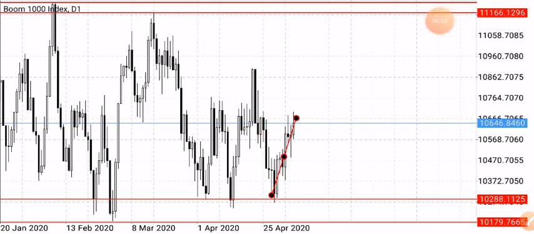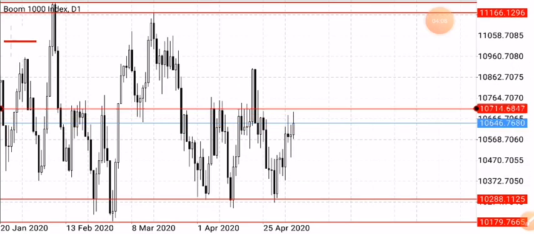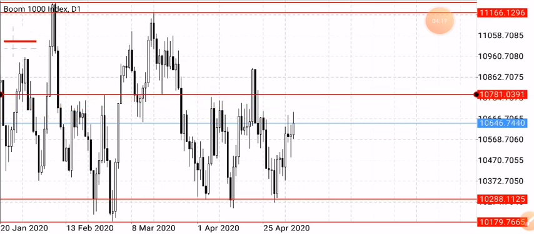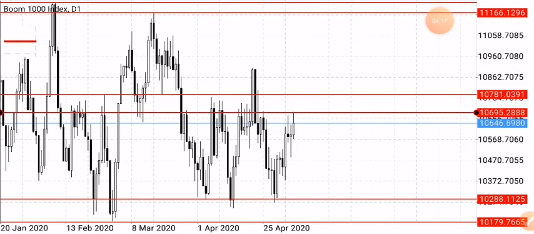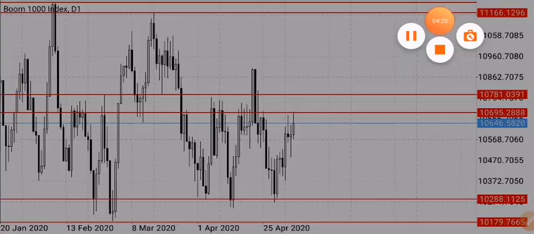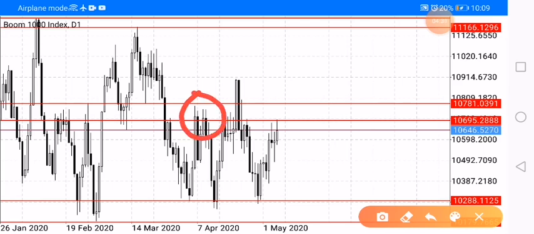We have identified how price moved, and the most interesting part is that at this region we also see price being rejected most times. There was even a point where it failed to rally upwards. At this point, and at that point, and now price is here, and there was also a rejection.